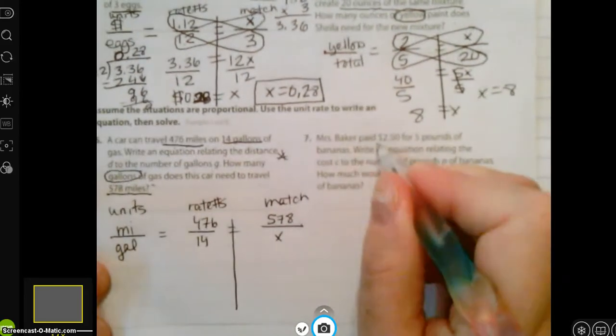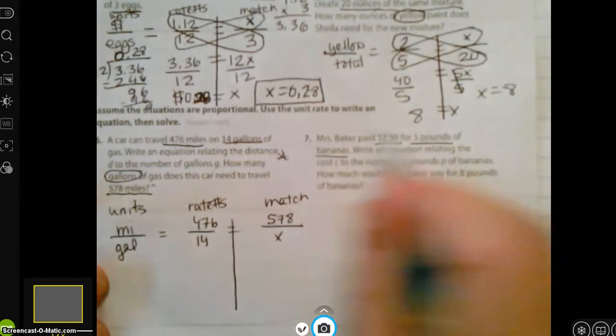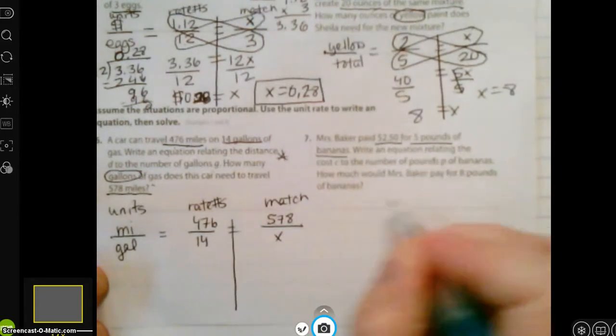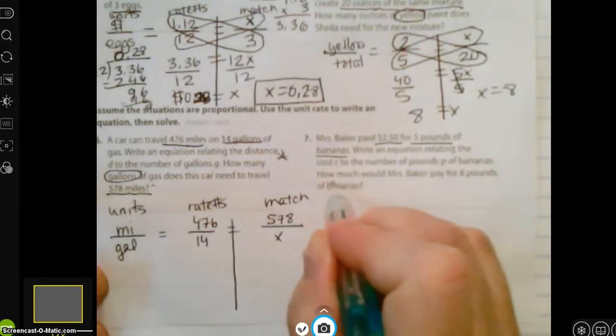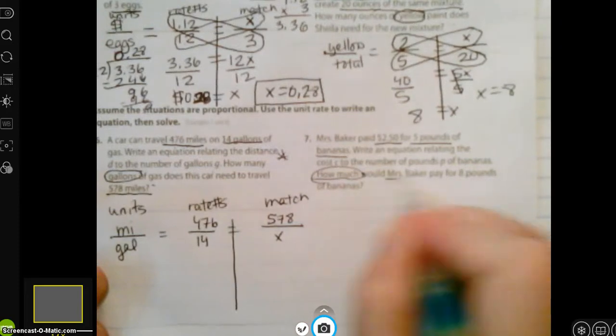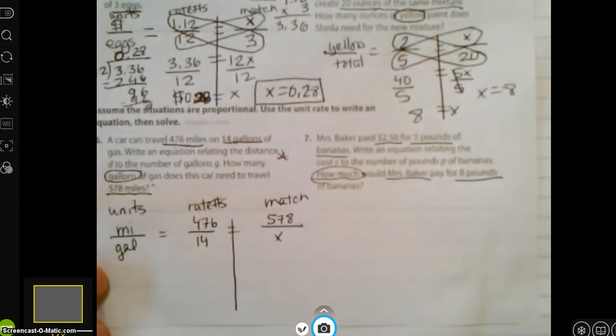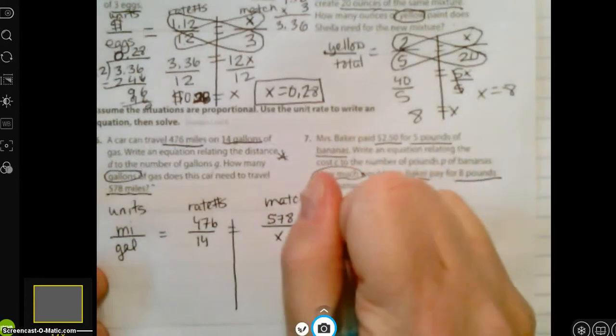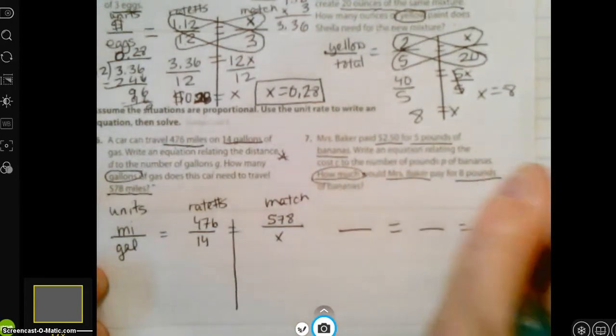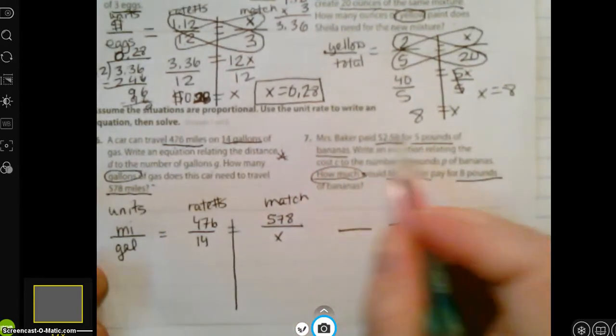Mrs. Baker paid $2.50 for 5 pounds of bananas. There's my rate. Skip this part. How much, we're looking for a cost, would Mrs. Baker pay for 8 pounds of bananas? So remember, line equals line equals line. What are my units?